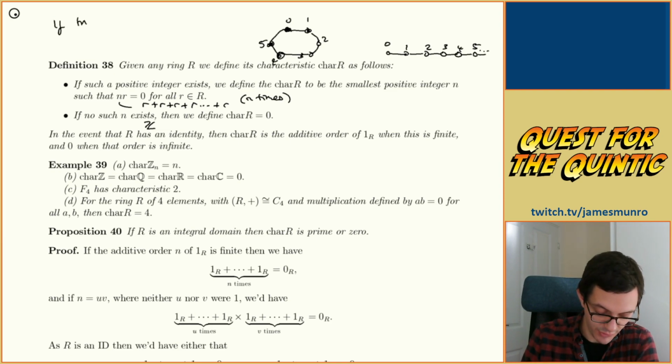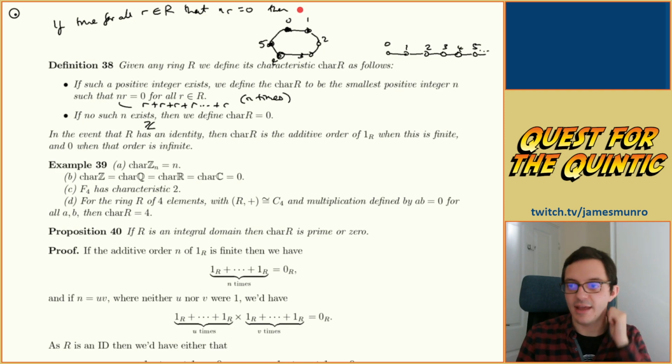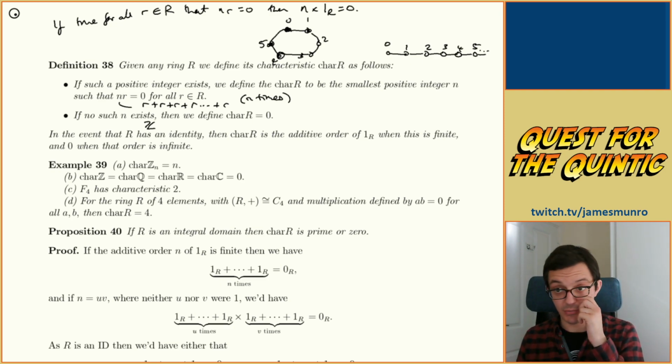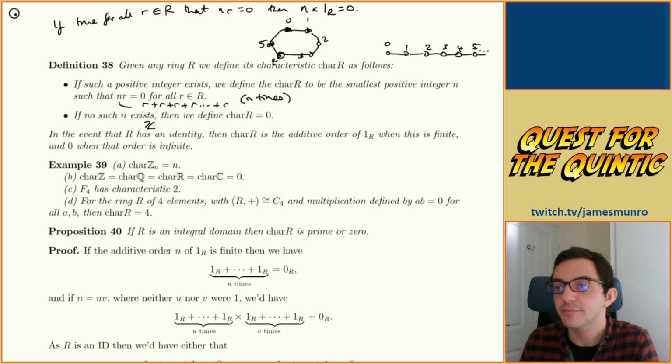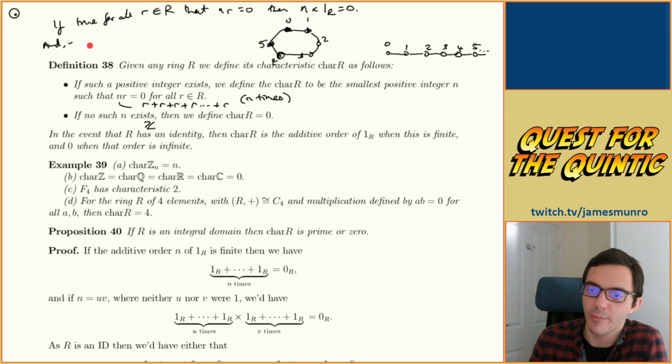If it's true for all r in R that nr is 0, then it's definitely true that n times the identity is 0, because that's an example of some r in R. And I'm just hoping this is true, right?